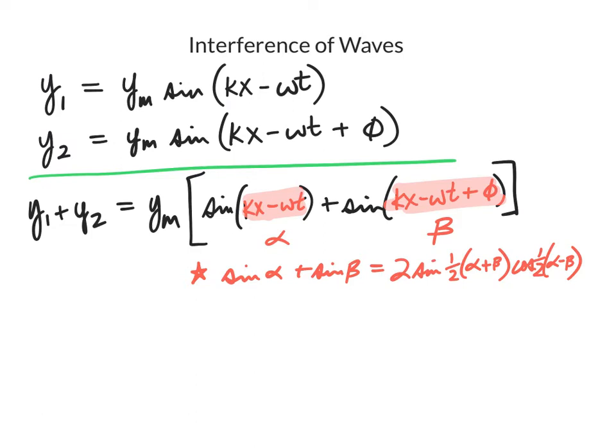So there's two parts to pay attention to here. There's what is the a plus b part and what is the a minus b part. All right? So that's where we're going to have all of our fun here. And so let's just tackle that one piece at a time.